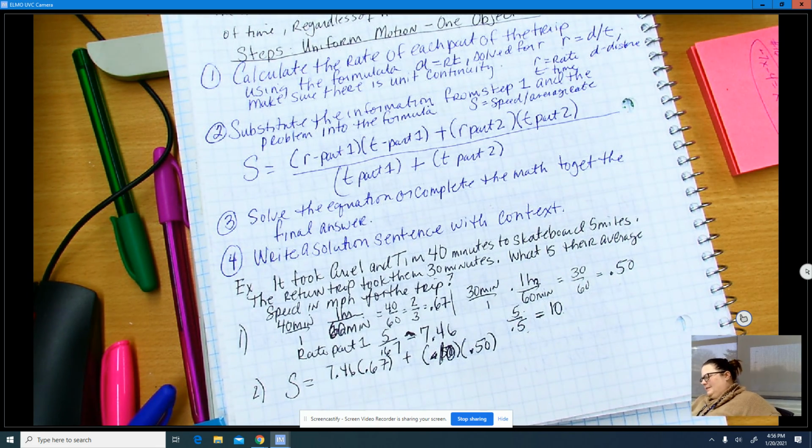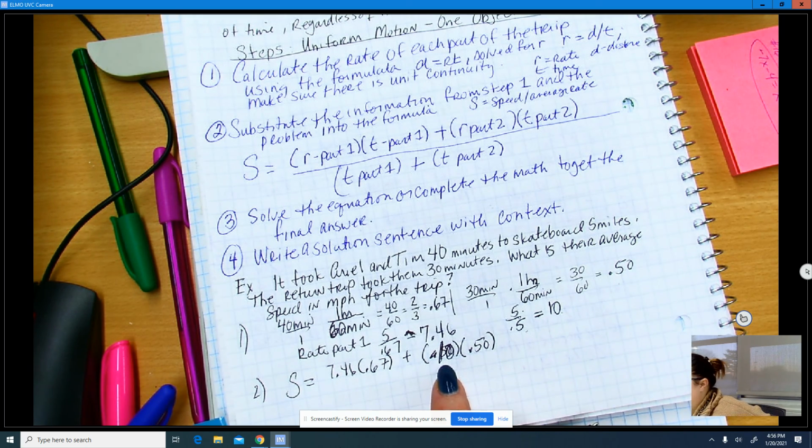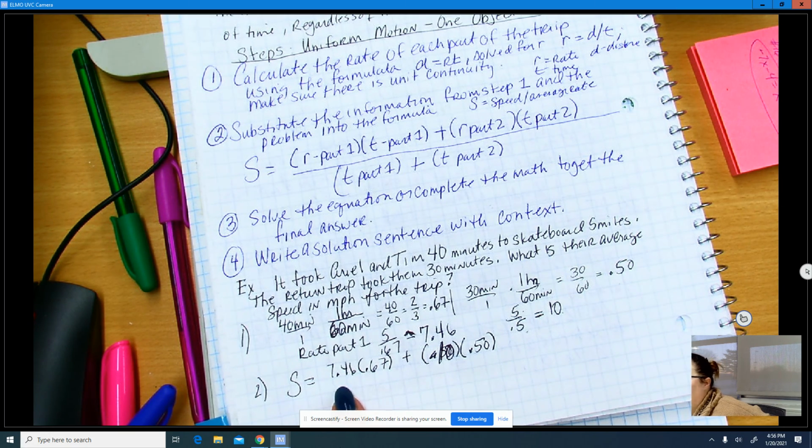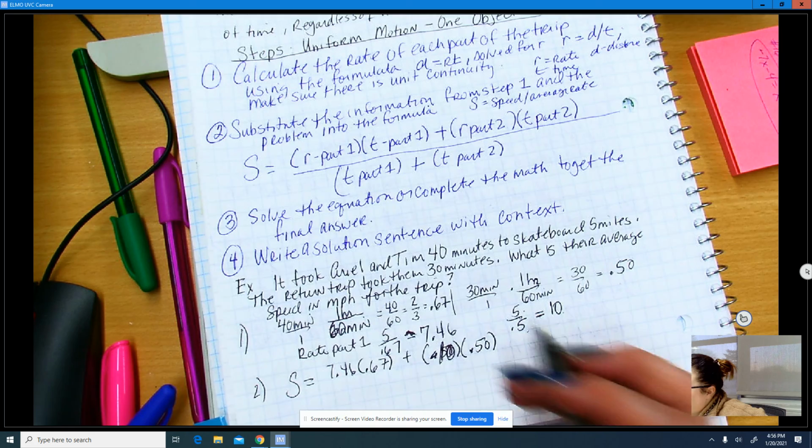Another way to look at this is essentially they were traveling 10 miles per hour in the second part of the trip. And in the first part of the trip, they were traveling about 7.5 miles per hour.